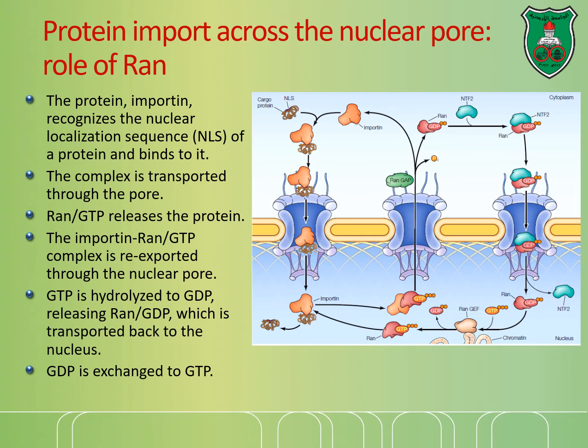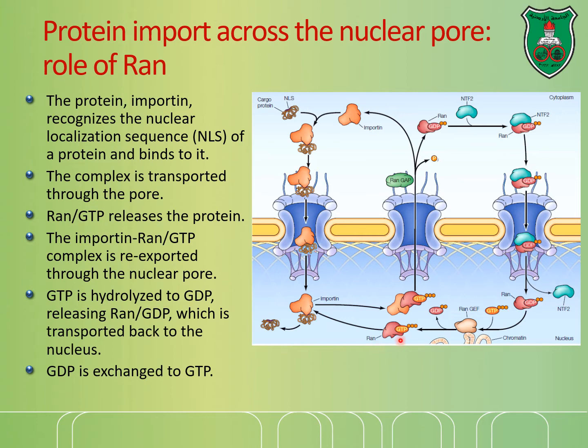So how are these proteins imported? How do they get inside the nucleus? What happens is that you have a protein with a nuclear localization sequence. It gets recognized by a protein known as importin. So importin binds to this protein and it takes it all the way inside the nucleus. And then you have another protein known as Ran.